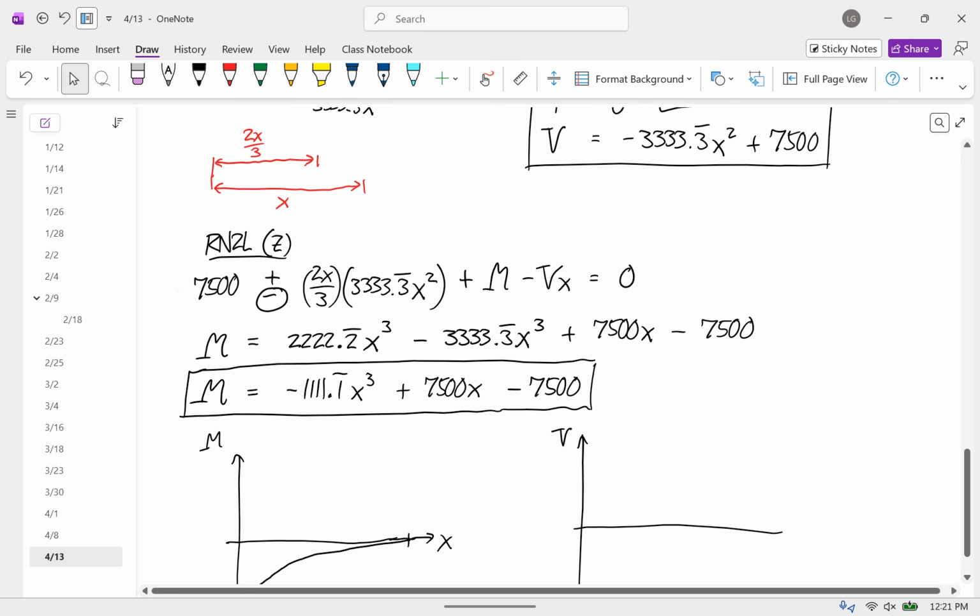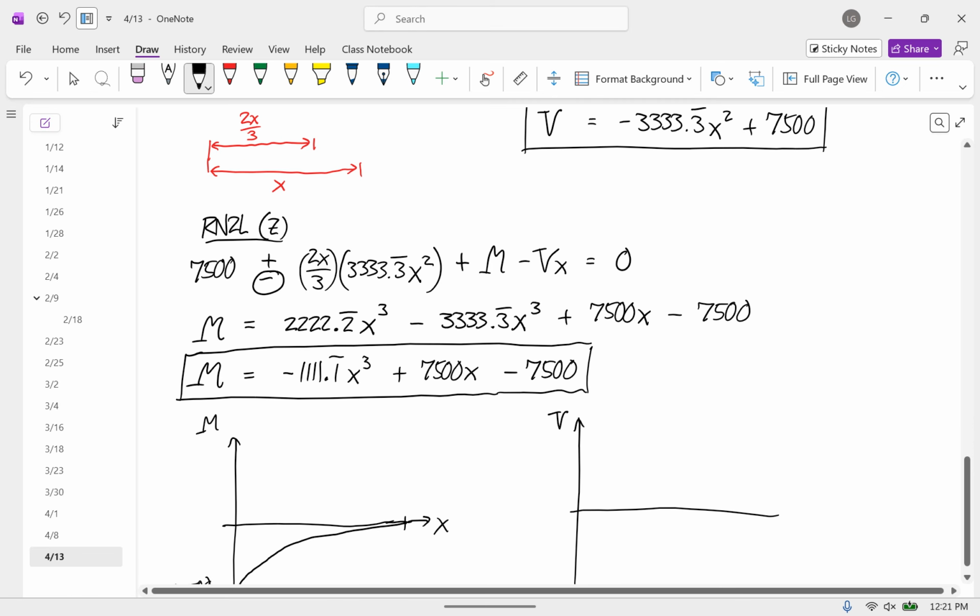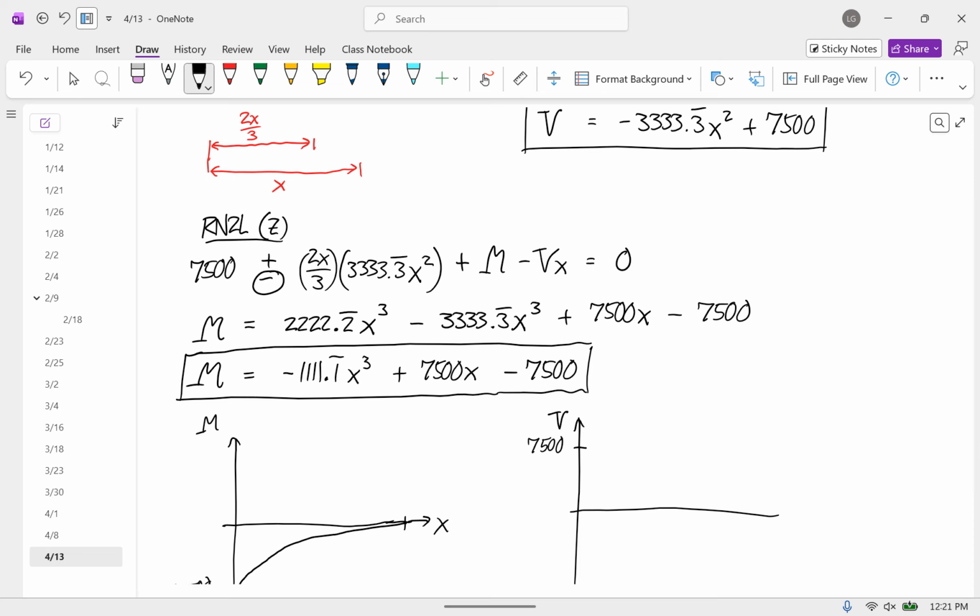But it would look like it would start at positive 7,500. And it would end at 0, and it would be concave down.